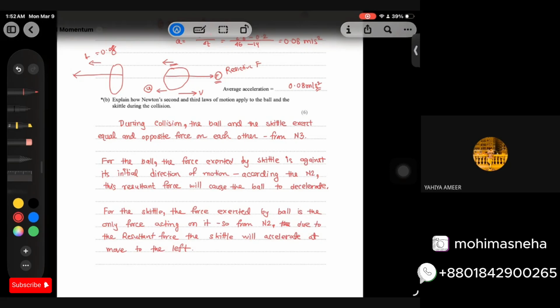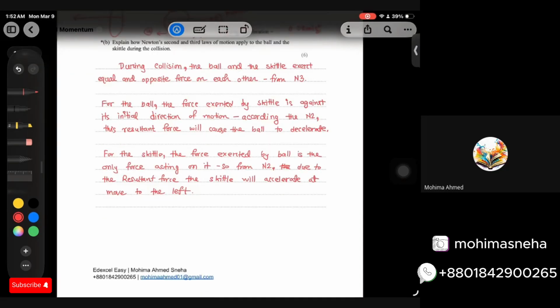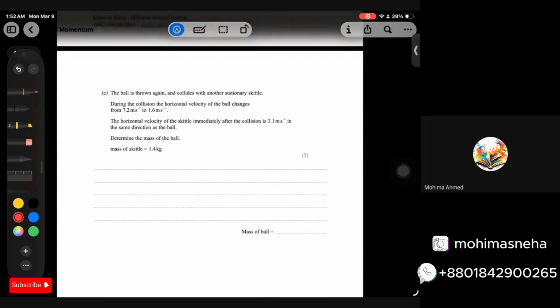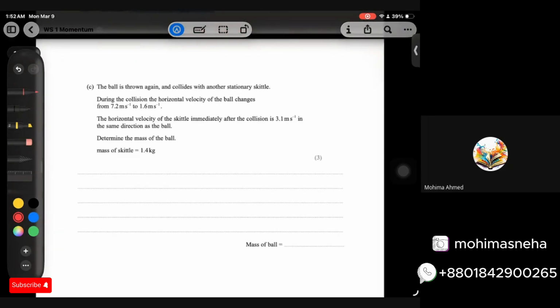Yes, teacher. Right. So with practice, you can identify how to arrange the answer and write it in a logical sense. This requires a lot of practice. Then if you move on to this one, they're saying the ball is thrown again and collides with another stationary skittle. During this collision, the horizontal velocity of the ball changes from 7.2 to 1.6.